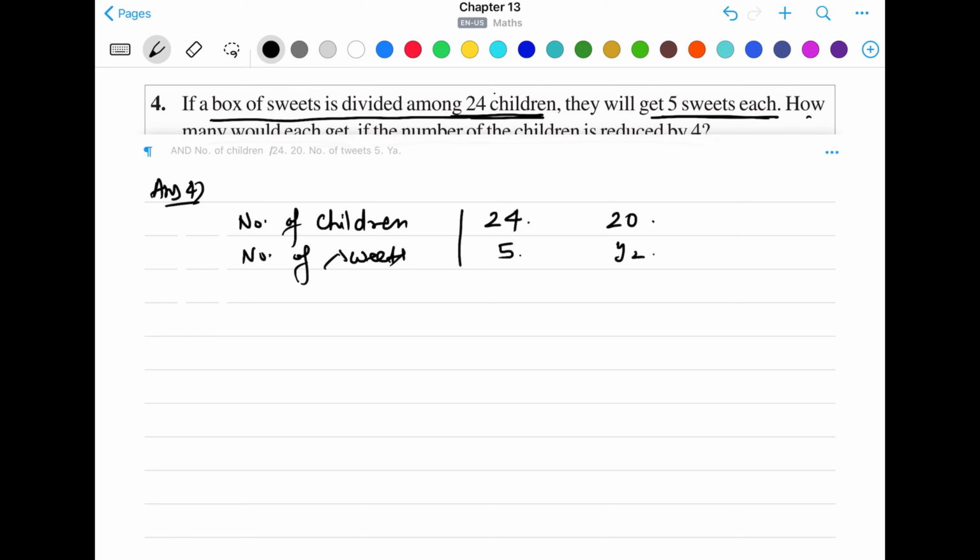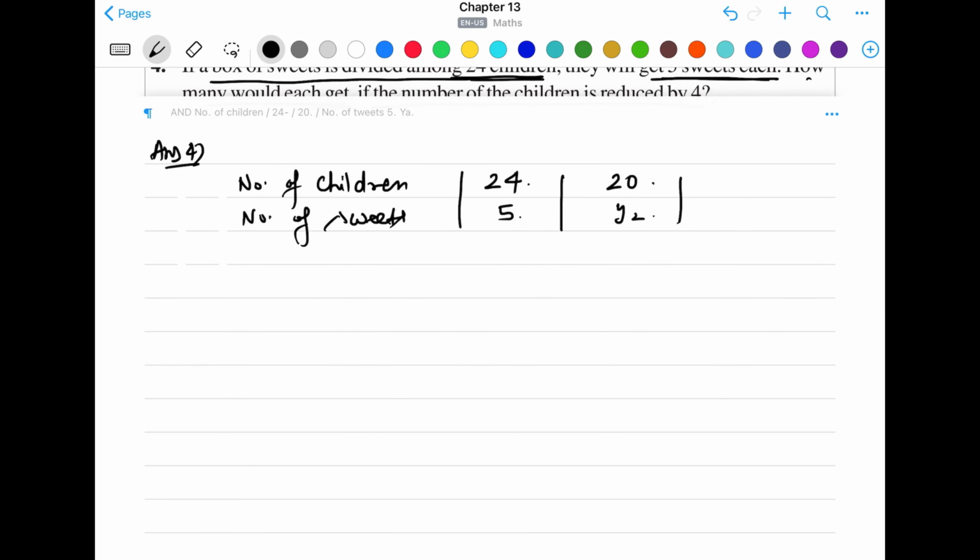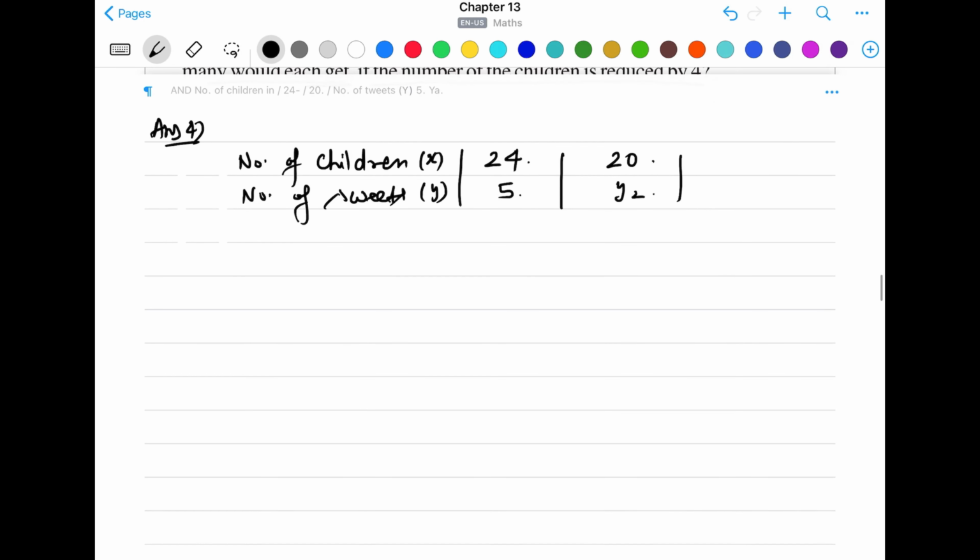So let's represent this in the form of a table like this, considering this as the x and this as the y.